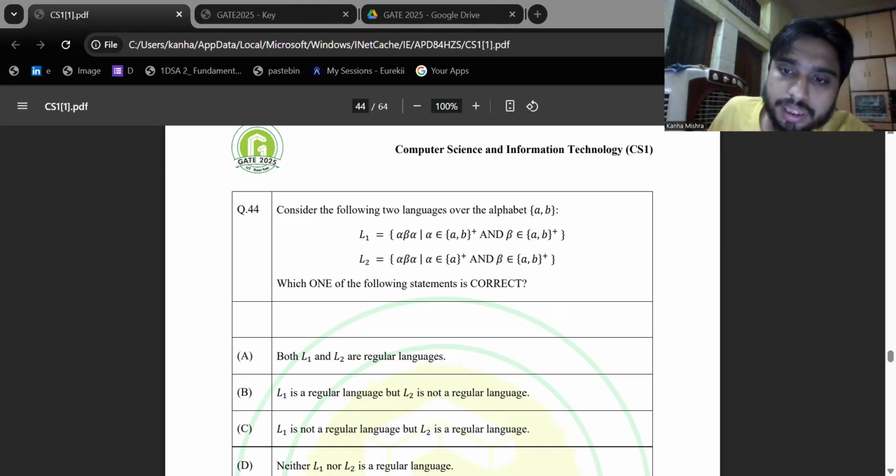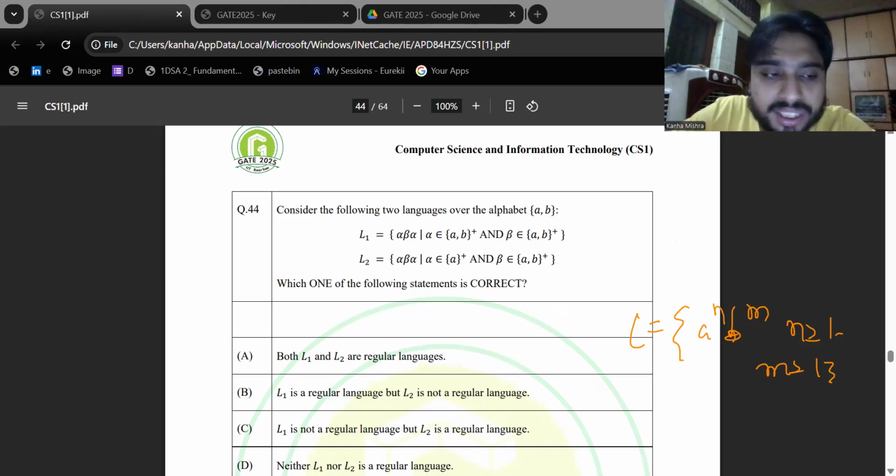A DFA for a regular language, remember, is basically a to the power n, b to the power m, where n is greater than or equal to 1 and m is greater than or equal to 1. This is a DFA to accept that language. Okay. Now, what states can be there?